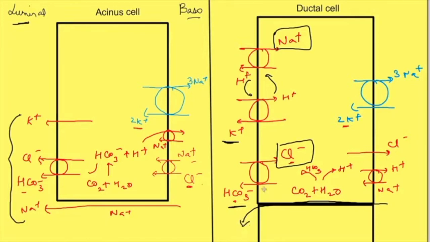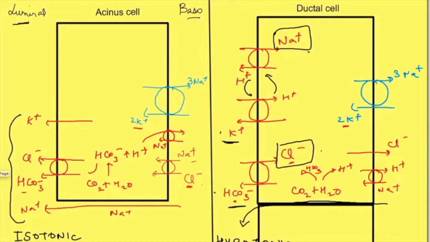So, more absorption of ions leads to the salivary secretion becoming hypotonic. So, initially in the acinar cell it is isotonic, but later on in the duct it becomes hypotonic with more potassium and bicarbonate and less sodium and chloride.